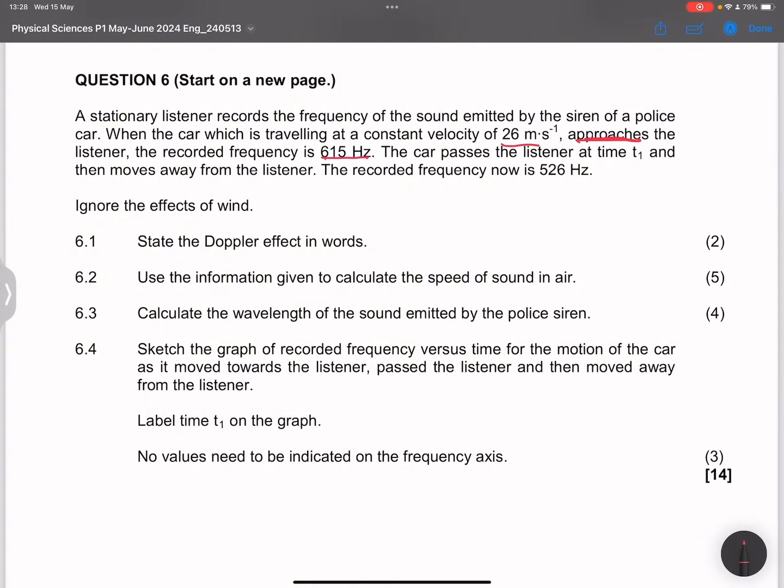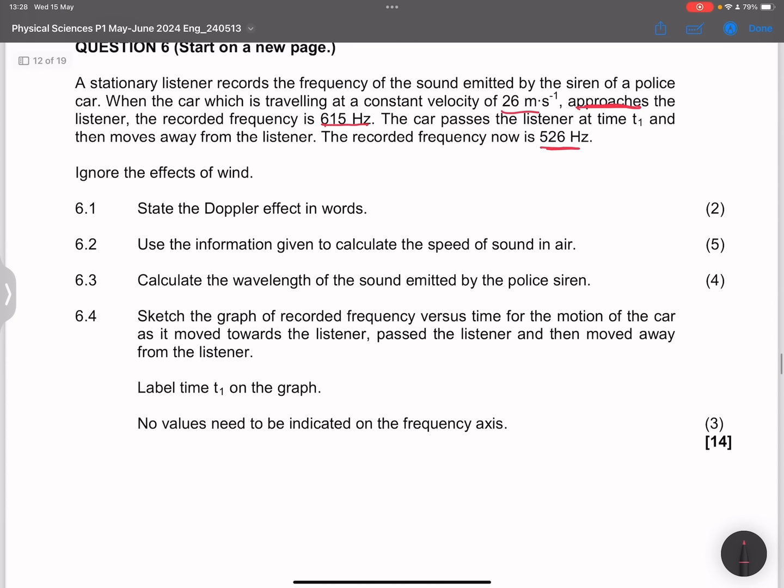And they say the car passes the listener at time t1 and then moves away from the listener. The recorded frequency is now 526 hertz. So we've got two frequencies here. We've got the speed of the car.